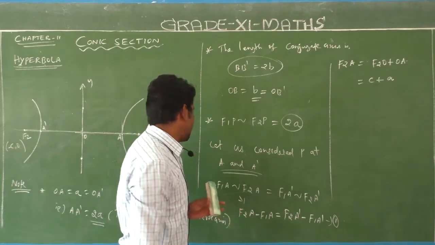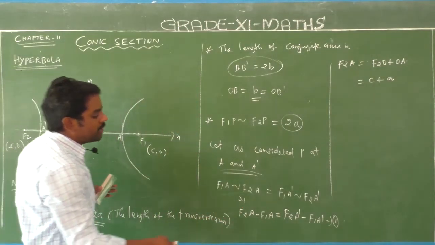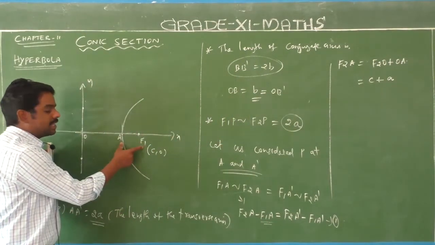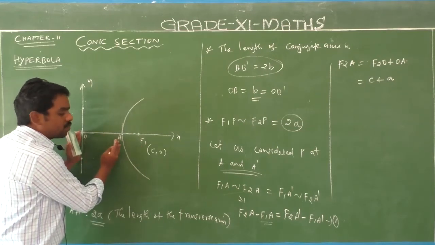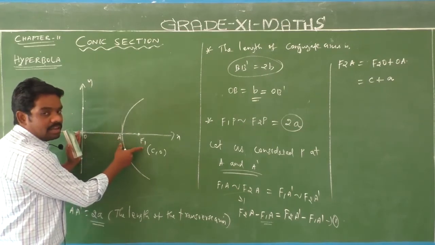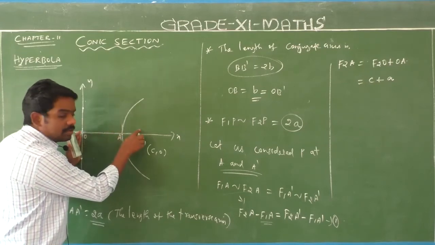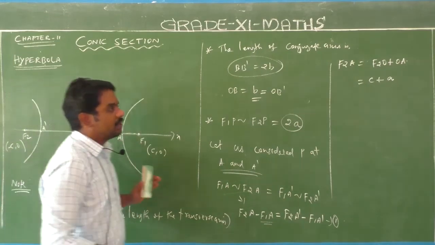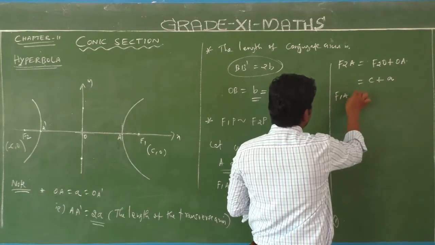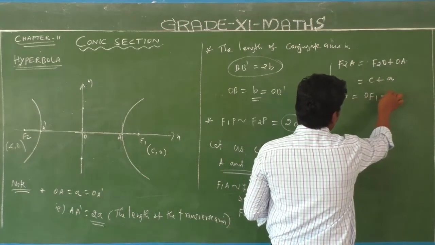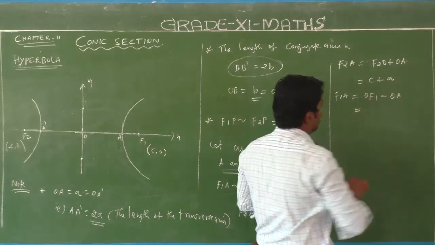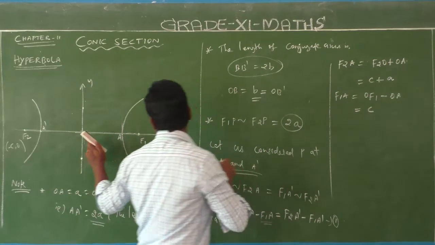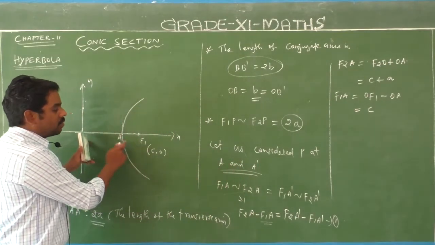And F1A is equal to OF1 minus OA. Taking the full length, OF1 minus OA is equal to F1A. Here OF1 is c, the distance between the center and one of the foci, and OA is a.